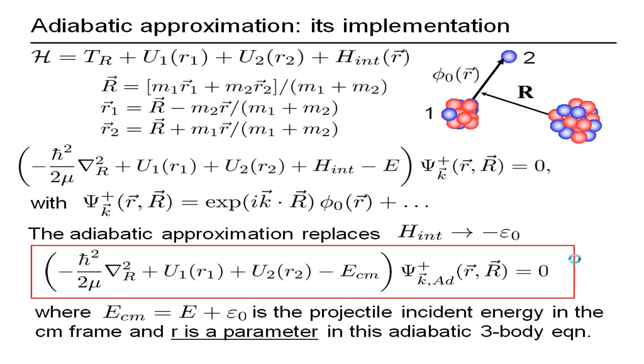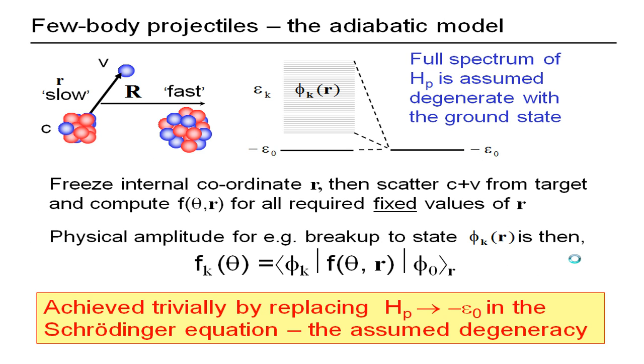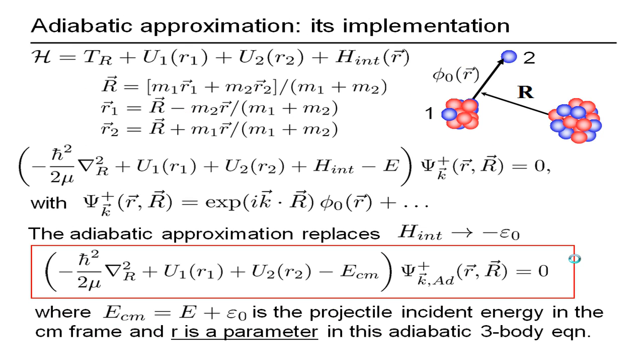R is just a number, and I can calculate this equation here for any value of little r. Okay, that's what I was saying in the previous. I would like to calculate the amplitude, the solution, for any fixed value of r, and this equation has that property. There's no dynamics in here. R is a parameter, so I can solve this equation for many, many values of little r, and then we use them as we need to afterwards.